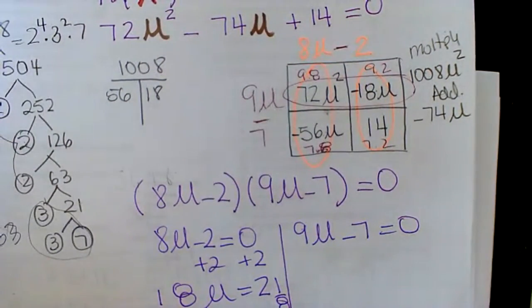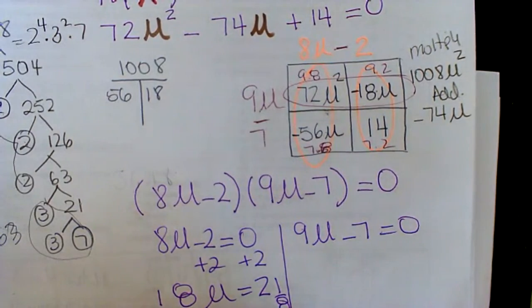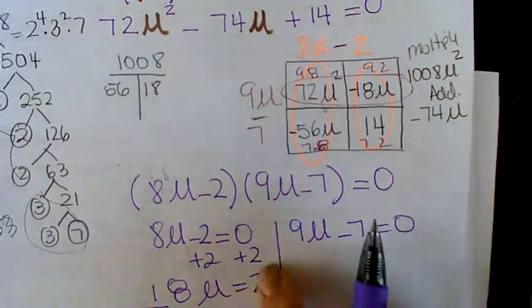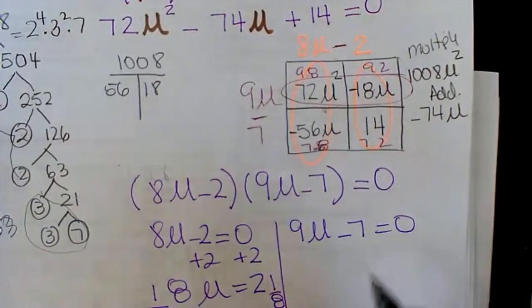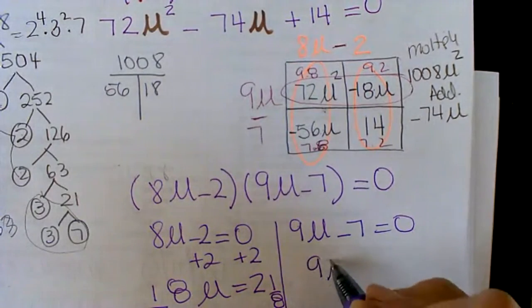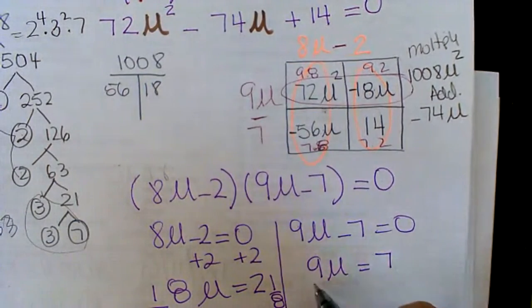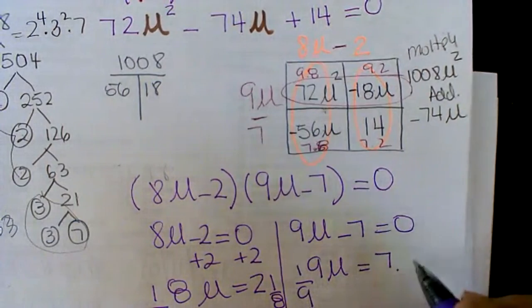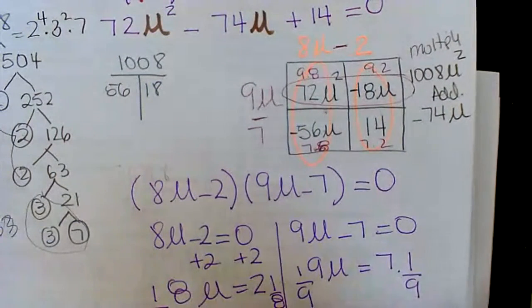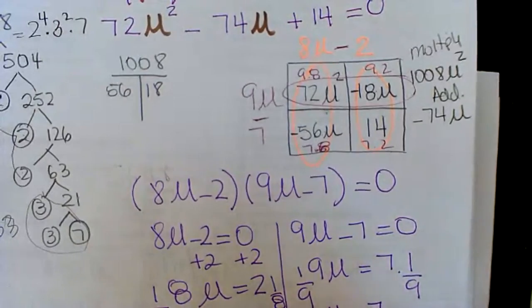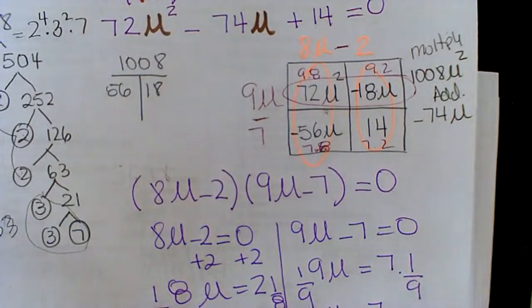And what do we get? 1 over 4, right? 2 divided by 8. Now, u equals 7/9. So we have those two solutions.